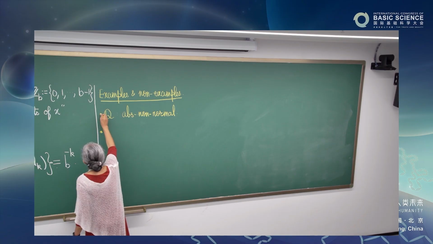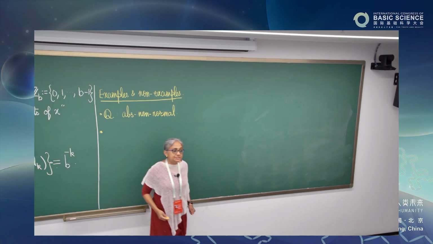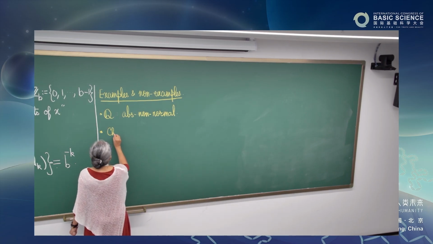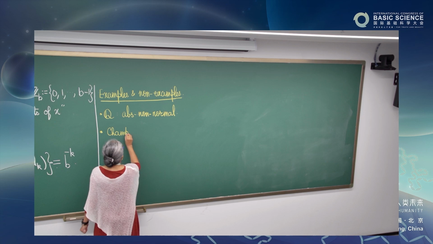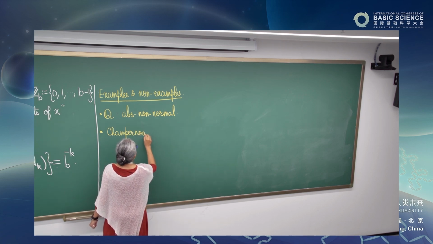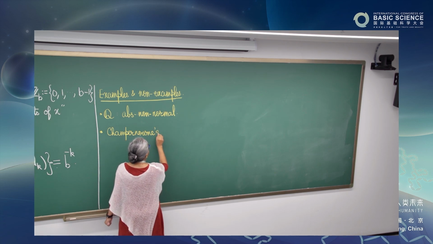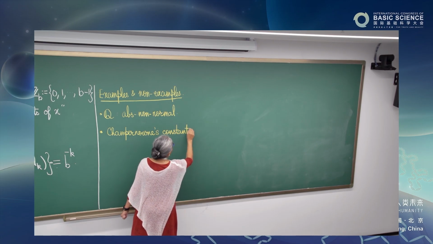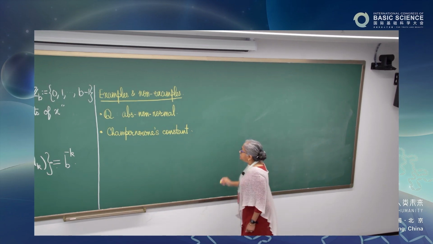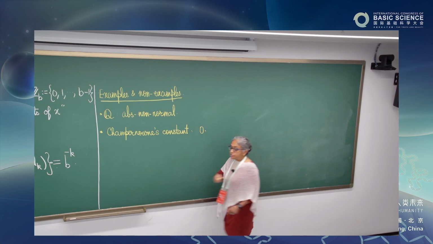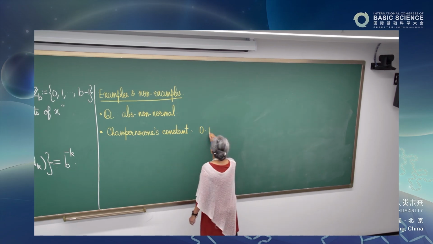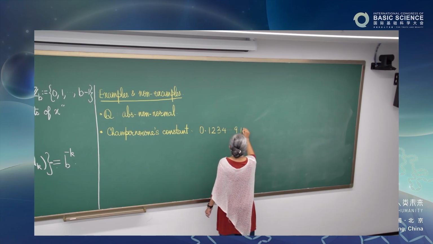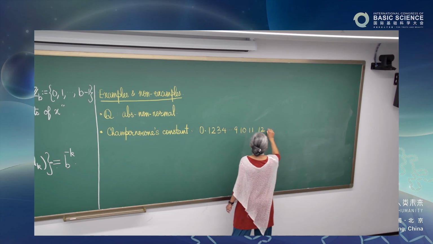You can try to create normal numbers in certain bases. Let me start with an old result. This is known as Champernowne's constant. It is the concatenation of all the natural numbers in a decimal expansion: 1, 2, 3, 4, all the way up to 9, then 10, 11, 12, you get the drift.